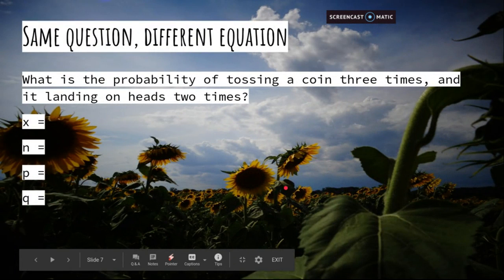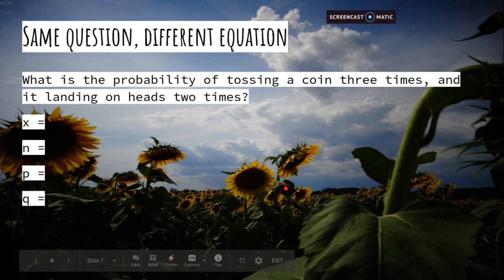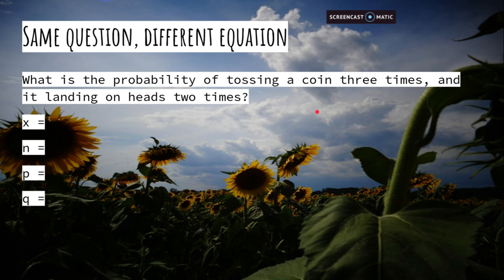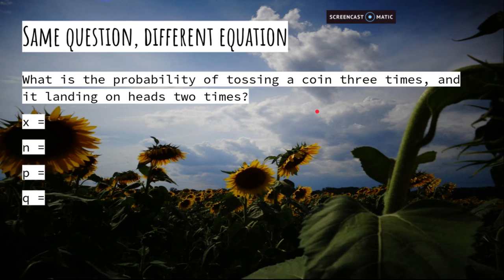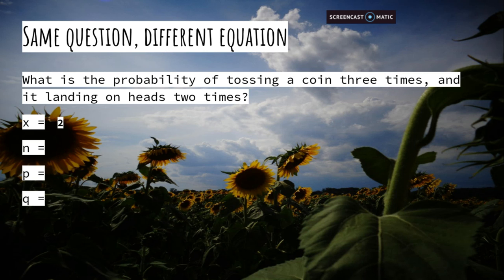So what's x? We said that was the number of desired outcomes. Last time, remember that was 3, but that was only when we were using the relative frequency equation. But it's 2 this time because we want to land on heads 2 times. And in this case, we would use 2 for x.